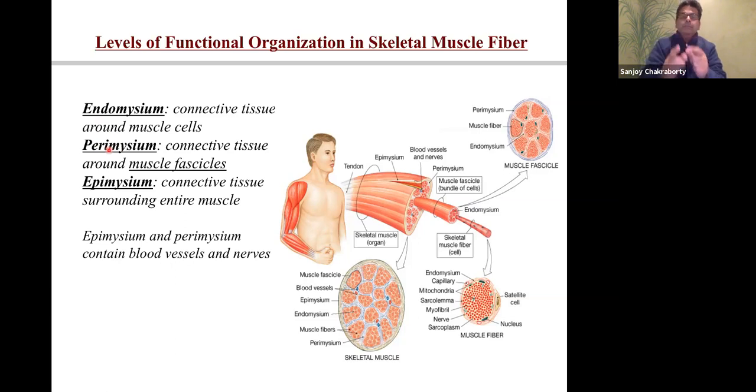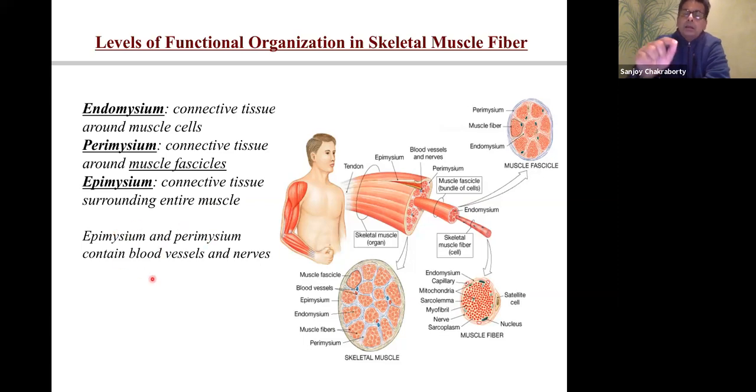That bundle has a name: it is called a muscle fascicle. A muscle fascicle is a bundle surrounded by perimysium. Now say we have 10 bundles, and we surround them with another outermost layer, called epimysium. That surrounds the entire muscle.